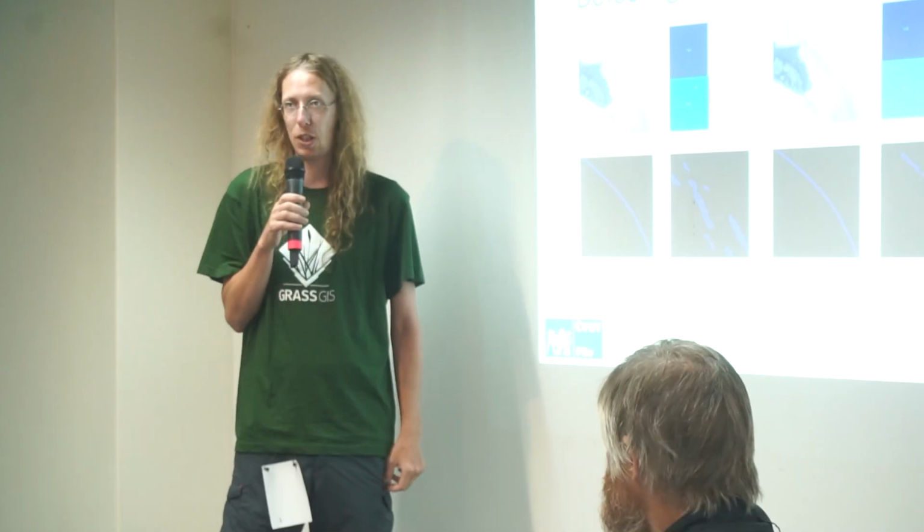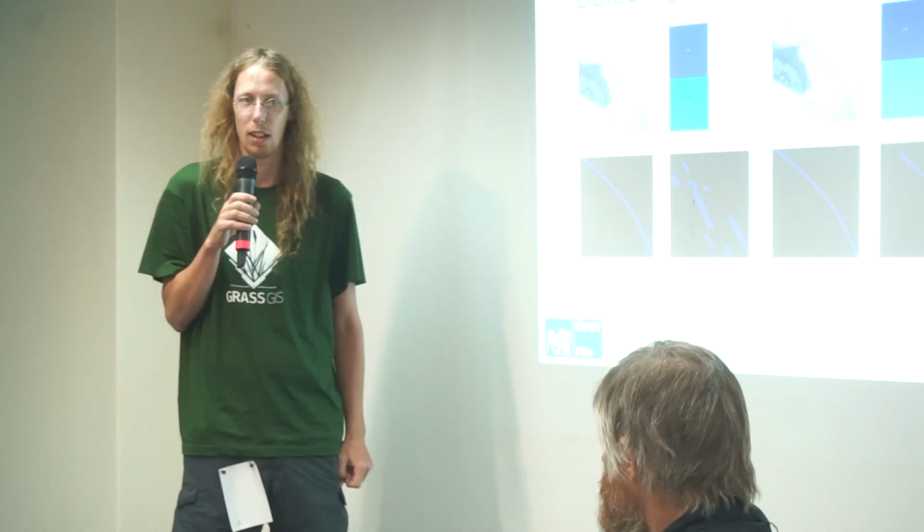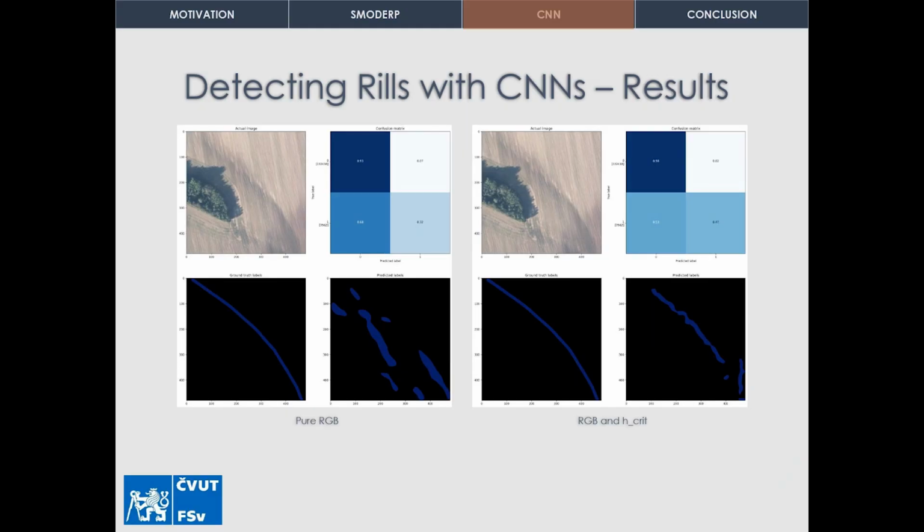They look quite similar to the rills, but they behave in a different way. So that's why using the CNNs and using this H-grid really helps to improve the results, especially in these critical or more difficult, challenging backgrounds.